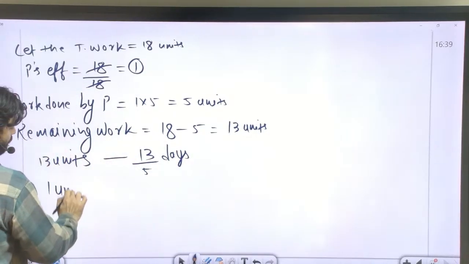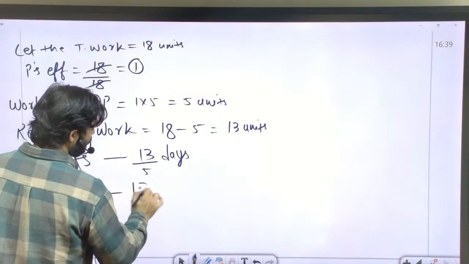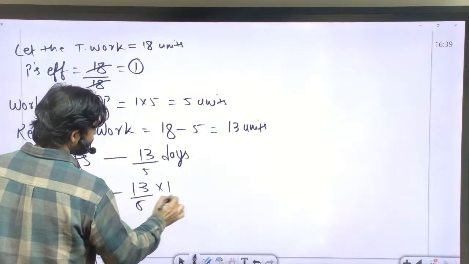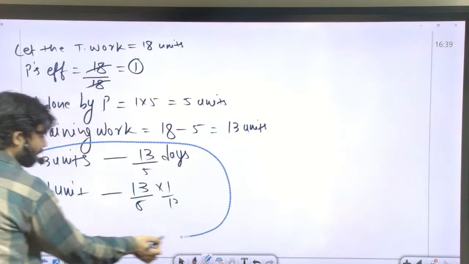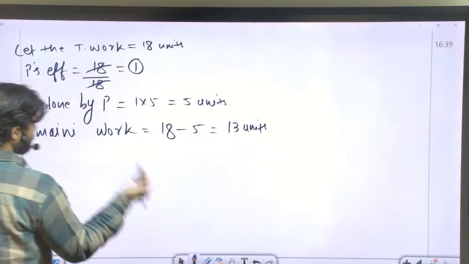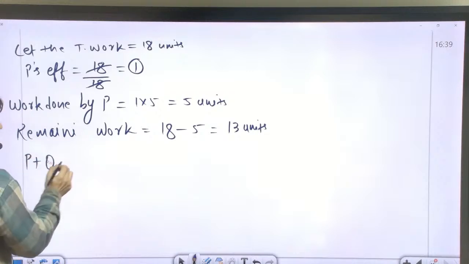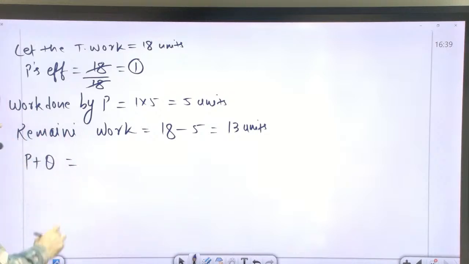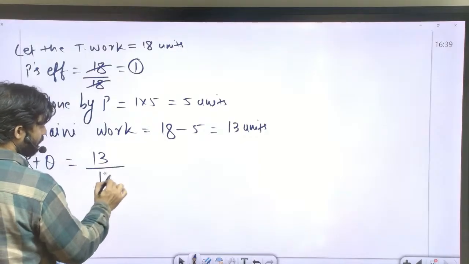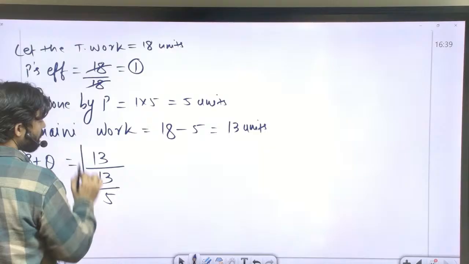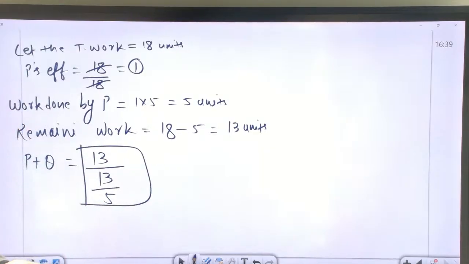13 units of work was done by them in 13 by 5 days. So from here we can find the efficiency of them directly.